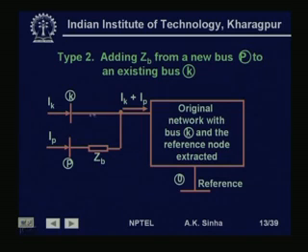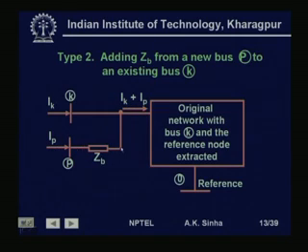To the node K, we are adding this branch from the new node P. Now, what happens if the current injection in this node is Ip? Then the modified current injection from node K will be Ik plus Ip, because earlier it was Ik.